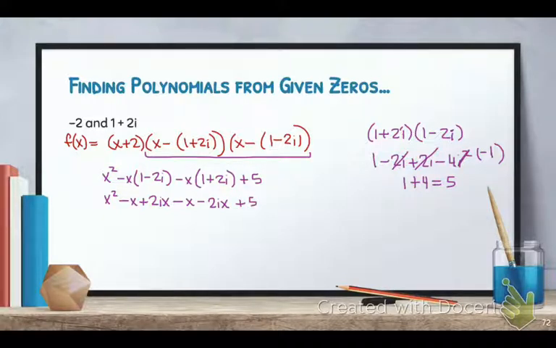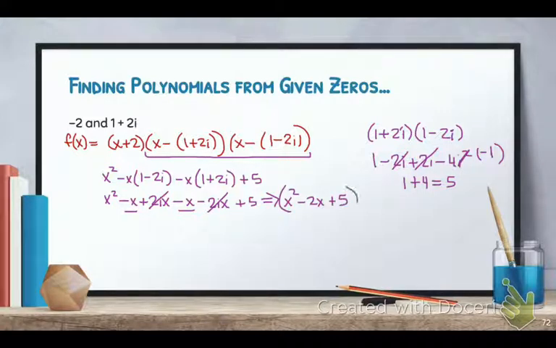All I did was distribute the x's to the inside of the parentheses. Now we can see what cancels out: the 2ix and negative 2ix cancel, and the two x terms are like terms that come together. So this part simplifies to x squared minus 2x plus 5.